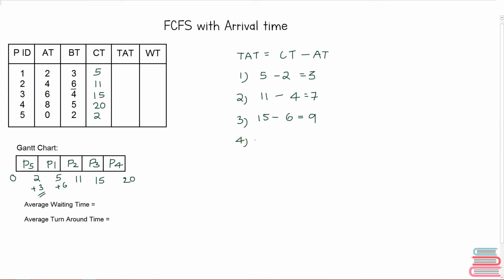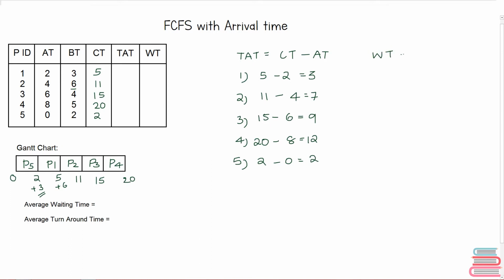For process 4, the completion time is 20 and the arrival time is 8, so it's 12 milliseconds. And for process 5, the completion time is 2 and the arrival time is 0, so the turnaround time is 2 milliseconds.